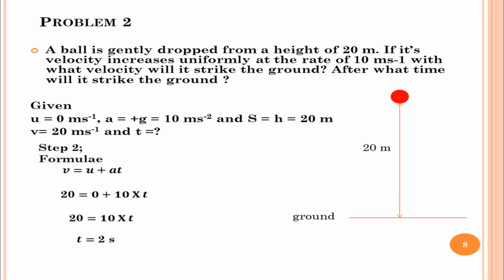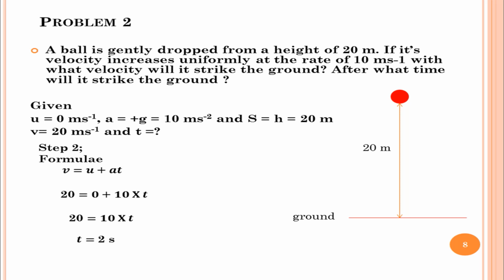By substituting v is equal to 20 meter per second, u is equal to 0 meter per second, and acceleration due to gravity a is equal to g, that is equal to plus 10 meter per second square, we are getting 20 is equal to 0 plus 10 into t. Therefore, we are getting t is equal to 2 seconds.